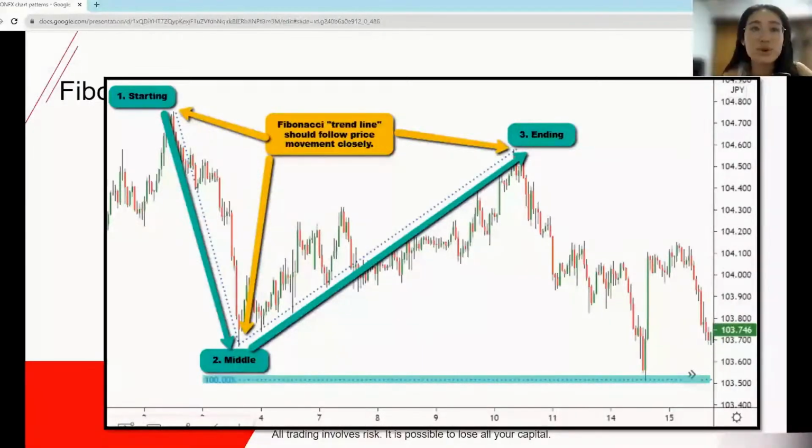So it's important for your Fibonacci trend line to follow price movement or market structure really closely. Price has also bounced off of the 100% Fibonacci level over here. You can see this is our flash shape, and we're expecting price to go down towards our 100%. You can see it reversed off nicely.